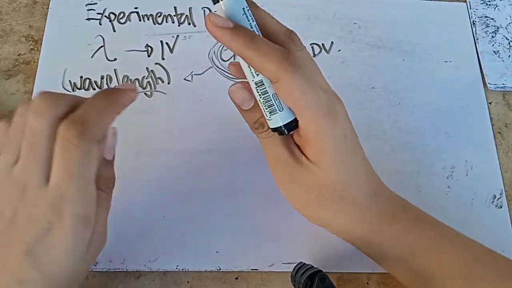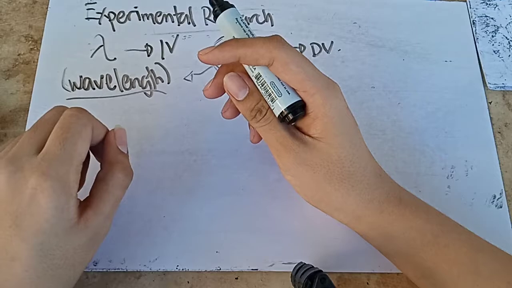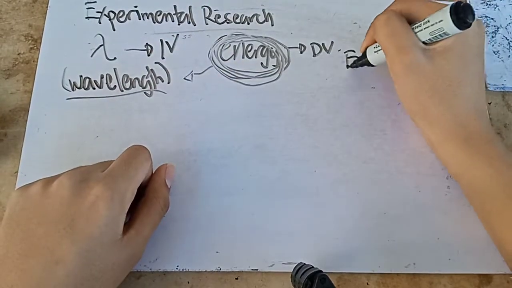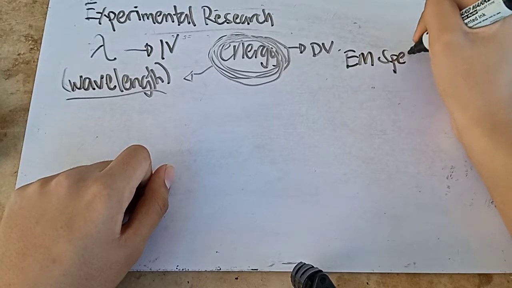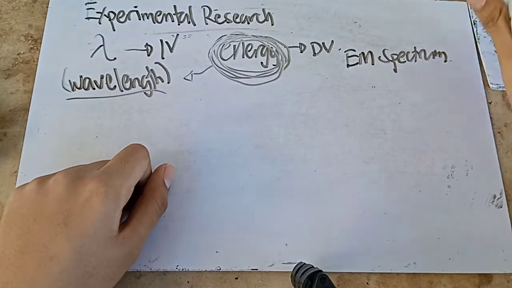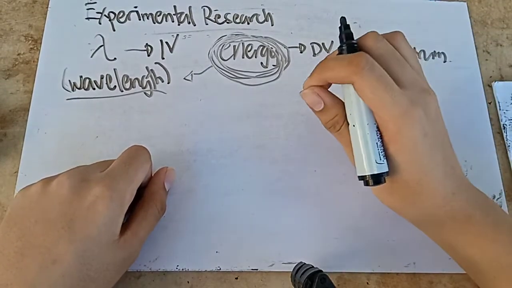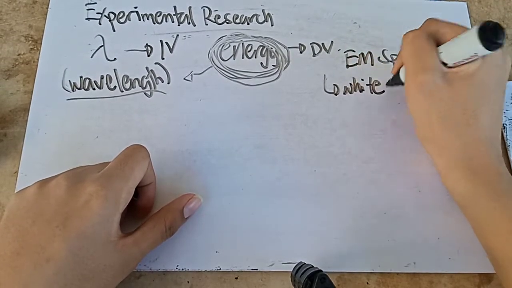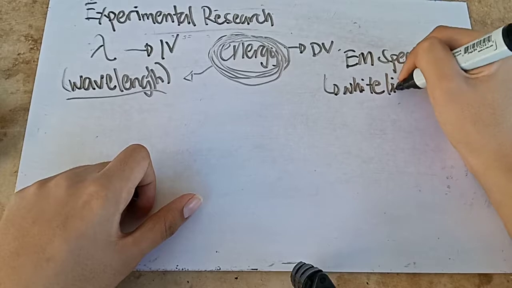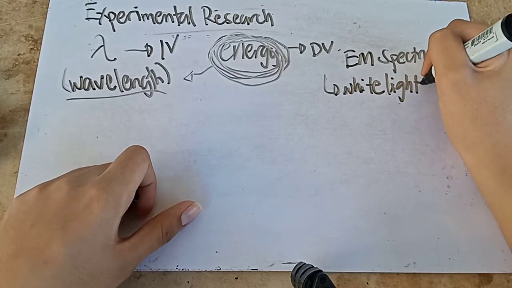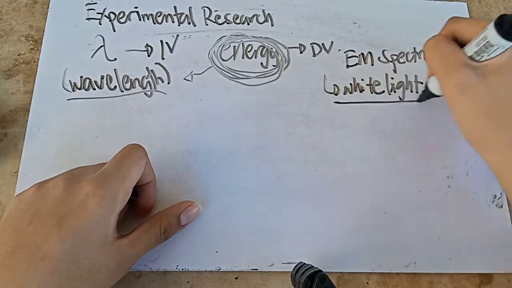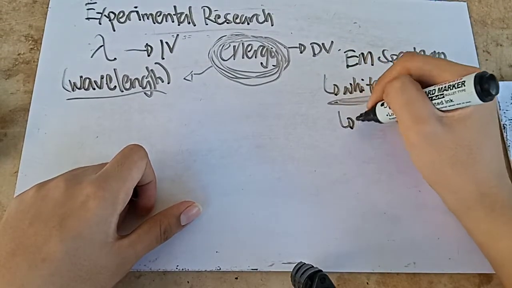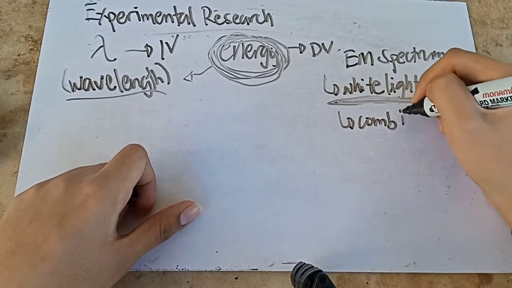Okay? So remember that in the electromagnetic spectrum or EM spectrum, in your grade 7 science, we have the so-called white light. And the white light or the visible light is actually the combination of all colors.